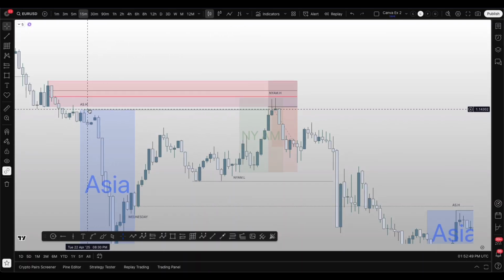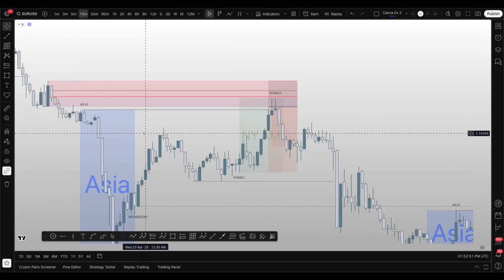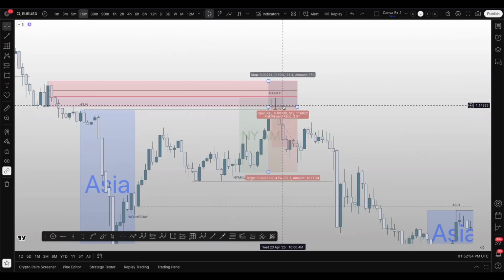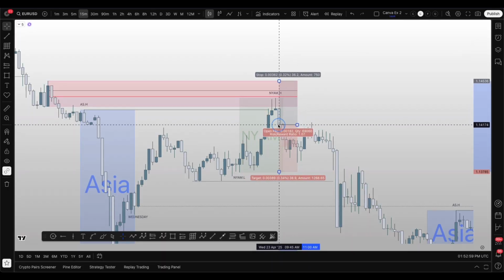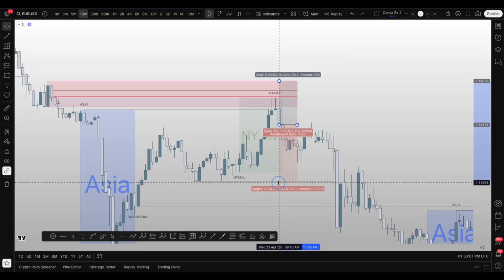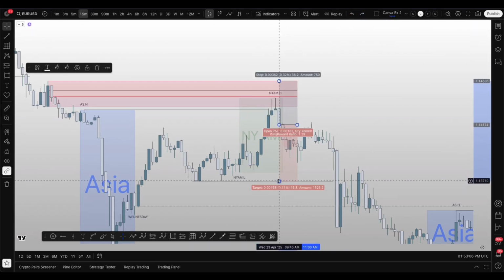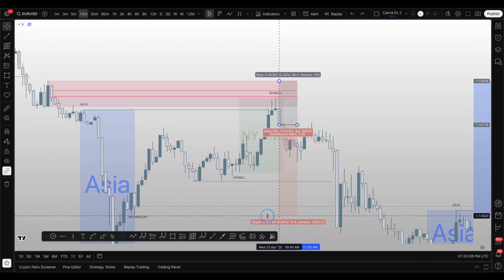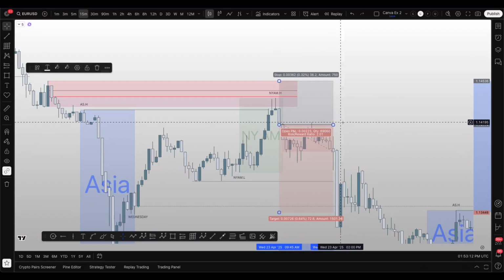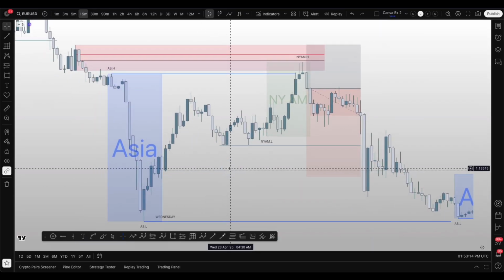I wait for price to sweep up these Asia highs, tap into that order block, and then I entered here. Or you could have waited and looked for a rejection here and then gone for another little bit more of liquidity here, or you could have gone for just a strict 2R as well right here, and you still would have made some money at the end of the day, right?